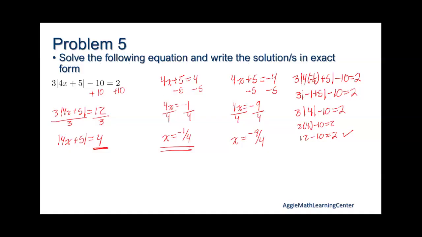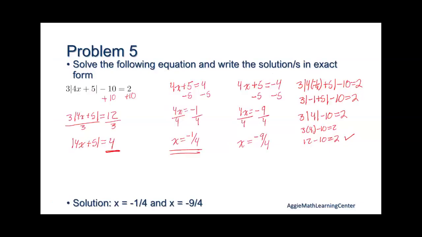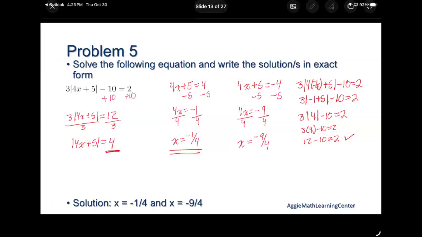And you do the same process for negative 9/4. Do we want to check negative 9/4 also? Yeah. Okay. Let's do it. I'm running out of space. So I'm going to see if I can figure out how to erase. Is it one of the ones that will erase like that? Nope. Evidently not.